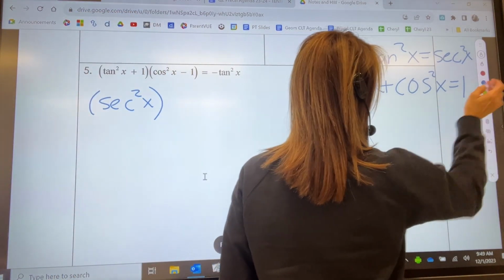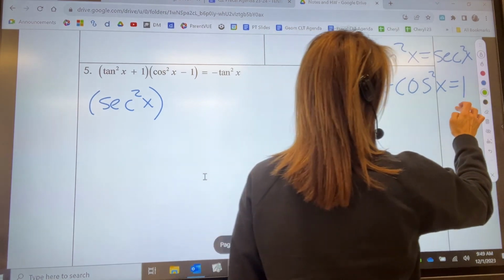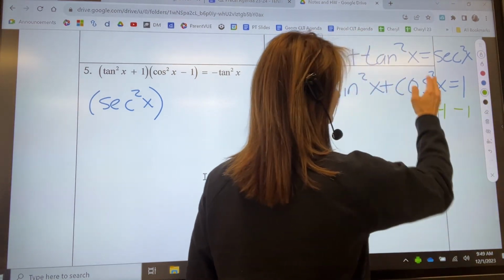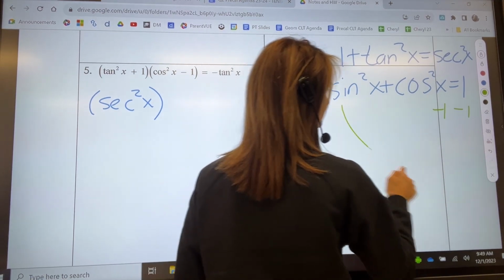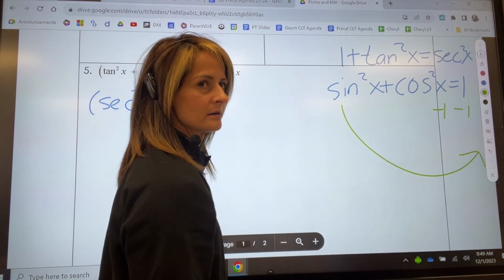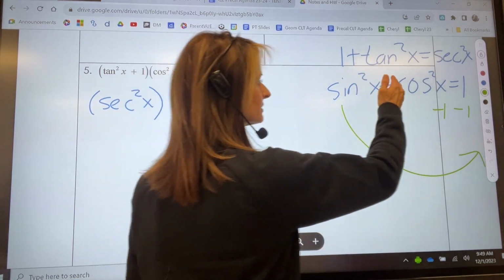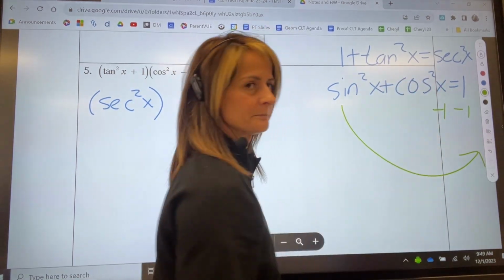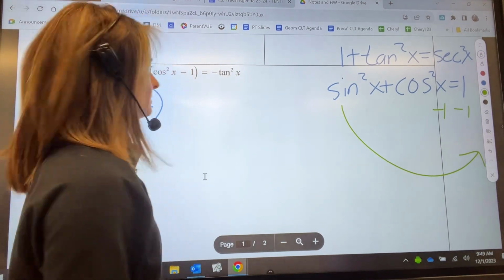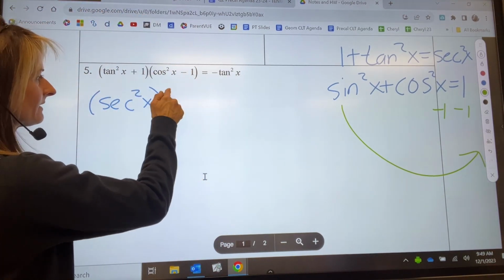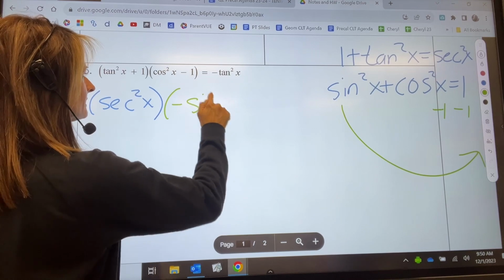If I subtract 1 from both sides, I can get my cosine squared minus 1. But then I have to move the sine squared to the other side, and it becomes negative sine squared. So cosine squared minus 1 equals negative sine squared. So I'm going to substitute in for cosine squared minus 1, negative sine squared.